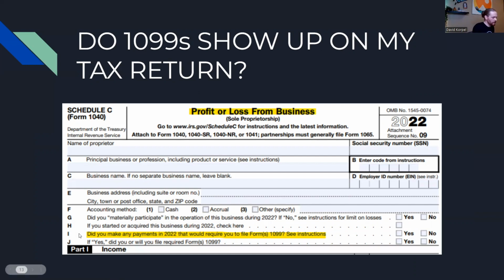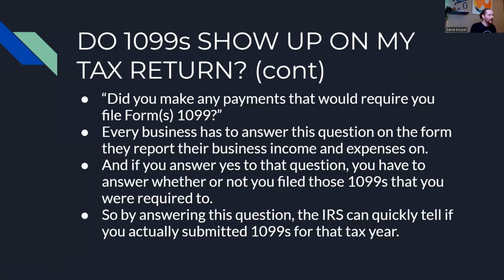In this section towards the bottom, did you make any payments in 2022 that would require you to file Form 1099? Every return that we file for every client, we have to answer either yes or no to that question. And as soon as we answer yes to the question that we did have enough payments that we should have issued a 1099, we also have to answer whether or not we properly filed those 1099s that we were required to.